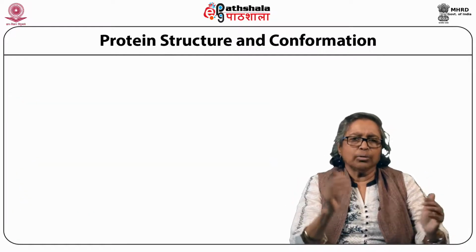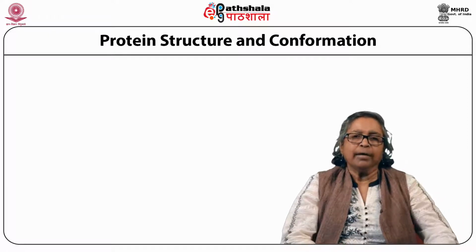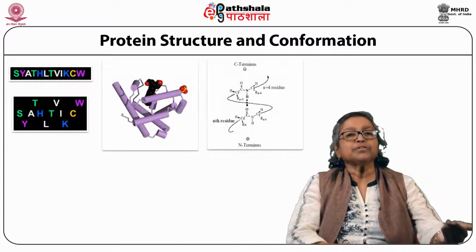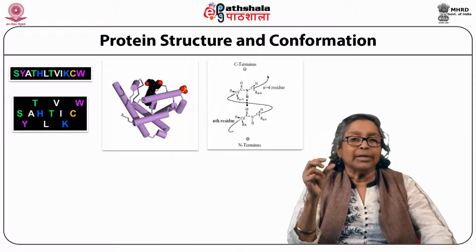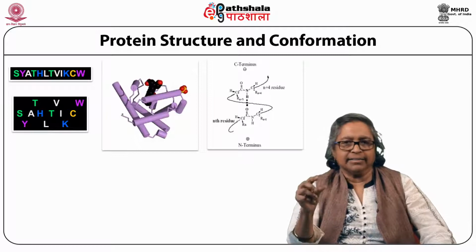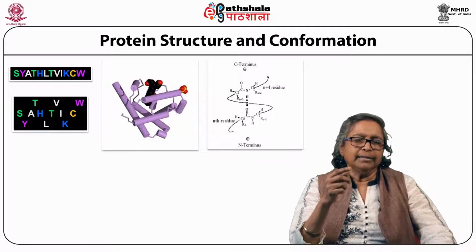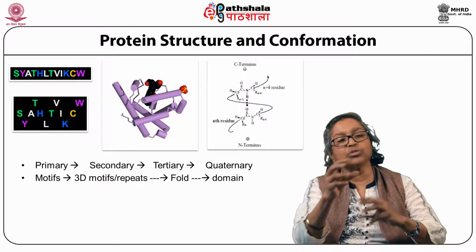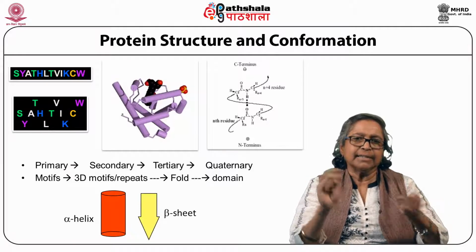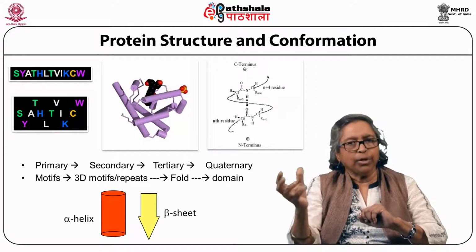To revise the concepts from my earlier modules: protein structure starts from sequence. From sequence it goes to secondary structures, which is shown here as the alpha helix, and then you get a tertiary structure, a combination of those alpha helices or beta structures, and come up with a proper functional protein.